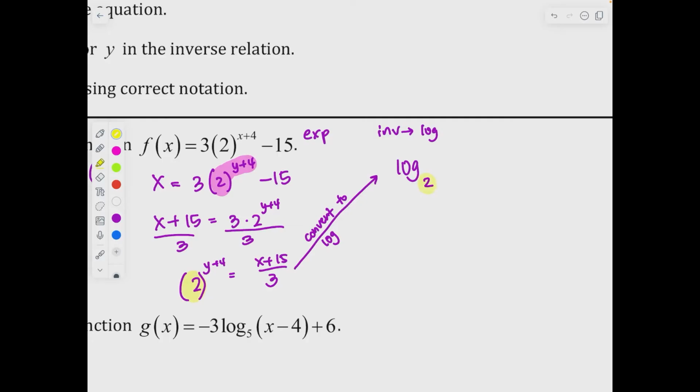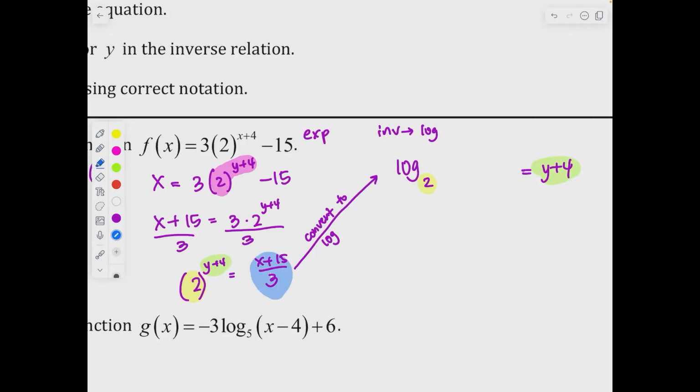The base 2 is right there. Your exponent, whatever you're raising it to the power of, is what's on the other side of your logarithm, because when you're taking the log of something, that is the missing exponent. So that's the y plus 4. I need to make a little more space because it's going to take up some room here. So equals y plus 4, like that.